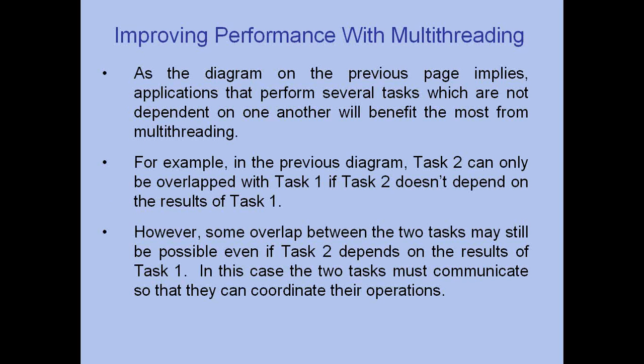Improving performance with multithreading, as the diagram on the previous page implies, applications that perform several tasks which are not dependent on one another will benefit the most from multithreading to utilize all the resources as much as possible. For example, the task 2 can only be overlapped with task 1 if task 2 doesn't depend on the results of task 1.